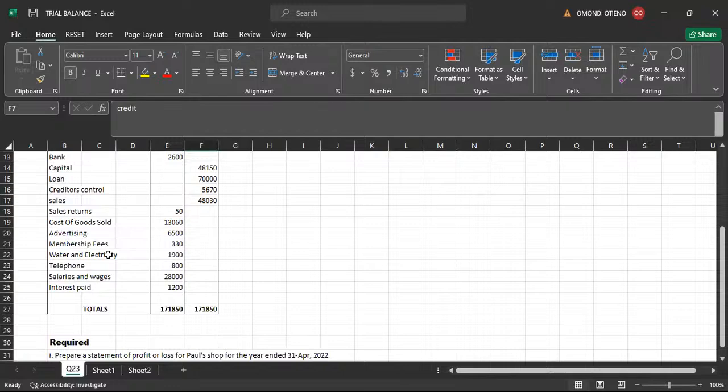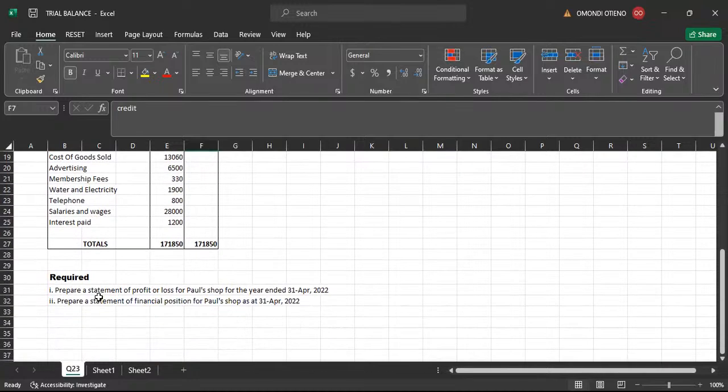Is it a liability? Is it an expense? Is it a capital? Or is it a revenue or an income item? That's what we all need to understand. Once that is understood, then we can proceed to prepare the two statements that are required here.